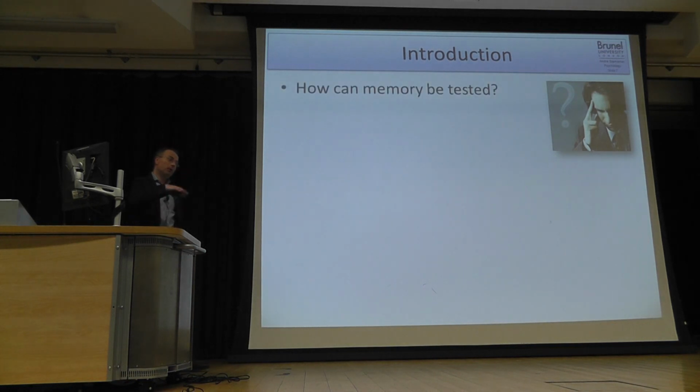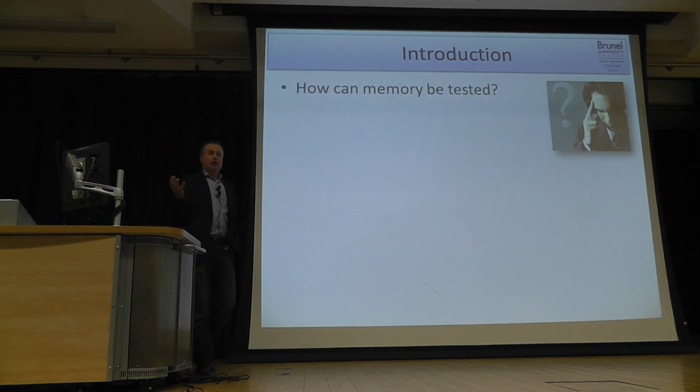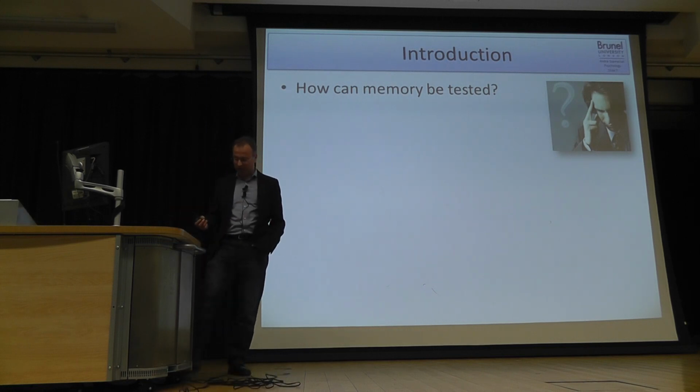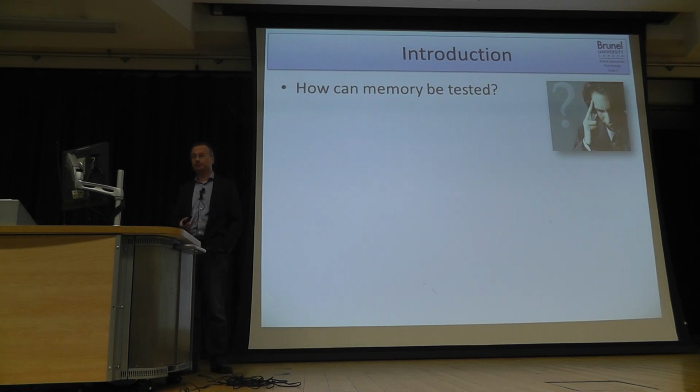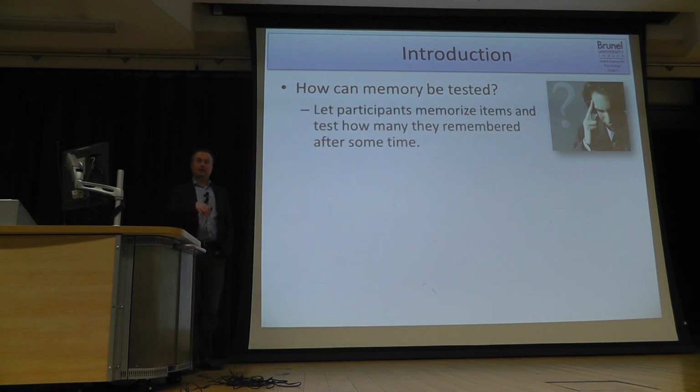Okay, so when we speak about memory, then of course we want to investigate it. We want to know how good is our memory, or how good is it in people in different conditions. So the question arises, how can memory actually be tested? And that's pretty straightforward, and many of you have done that, I think, last term in the research projects.